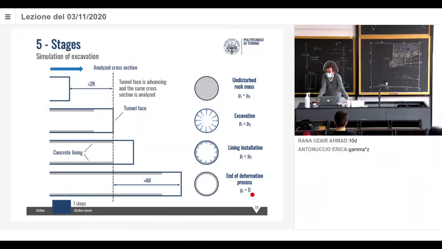Will the concrete lining get P0, the initial state of stress, the full load, or will the concrete lining get less than that? You can answer from home also. Looking at this picture, what do we expect to go on the concrete lining? The full P0 or just a portion of it?